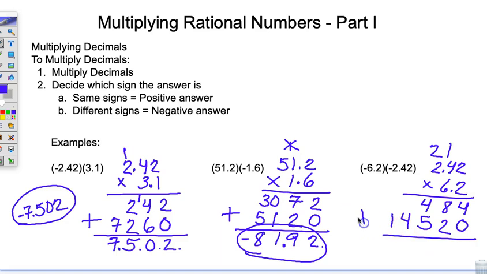Then I'm going to add straight down. 4, 10, another 10, a 5, and a 1. And it looks like we have 3 numbers that were behind a decimal, so I'm going to move it over 1, 2, and 3. I had the same signs when I multiplied, so that means this answer is going to stay positive. It is 15.004.